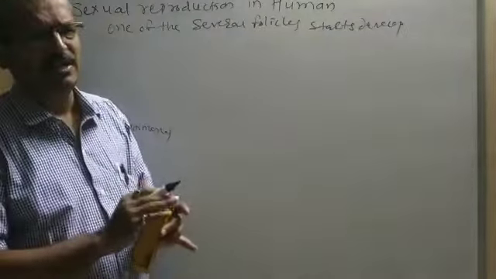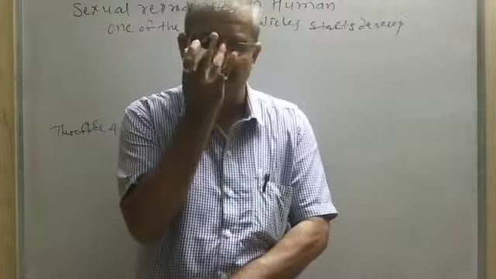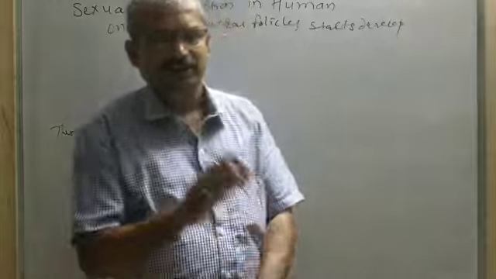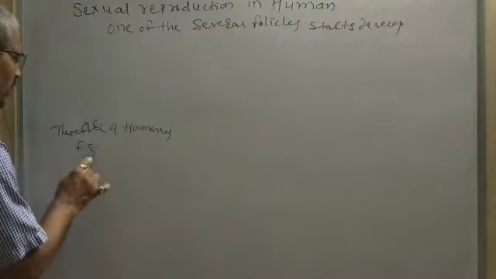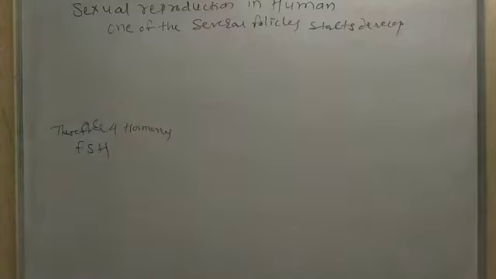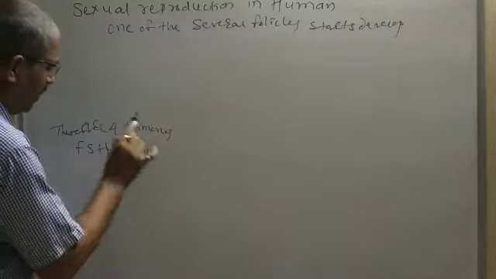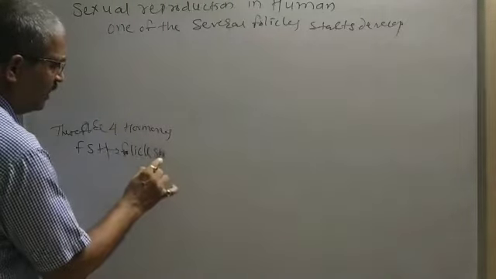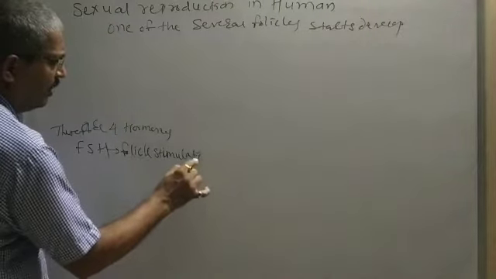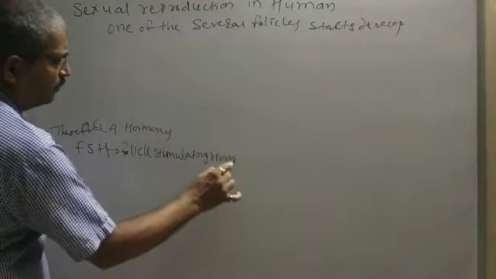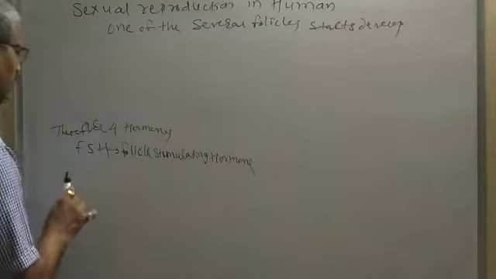Some activities are controlled by chemical substances secreted by the endocrine glands, and these are called hormones. So the first hormone important in the menstruation cycle is FSH. FSH means follicle stimulating hormone.